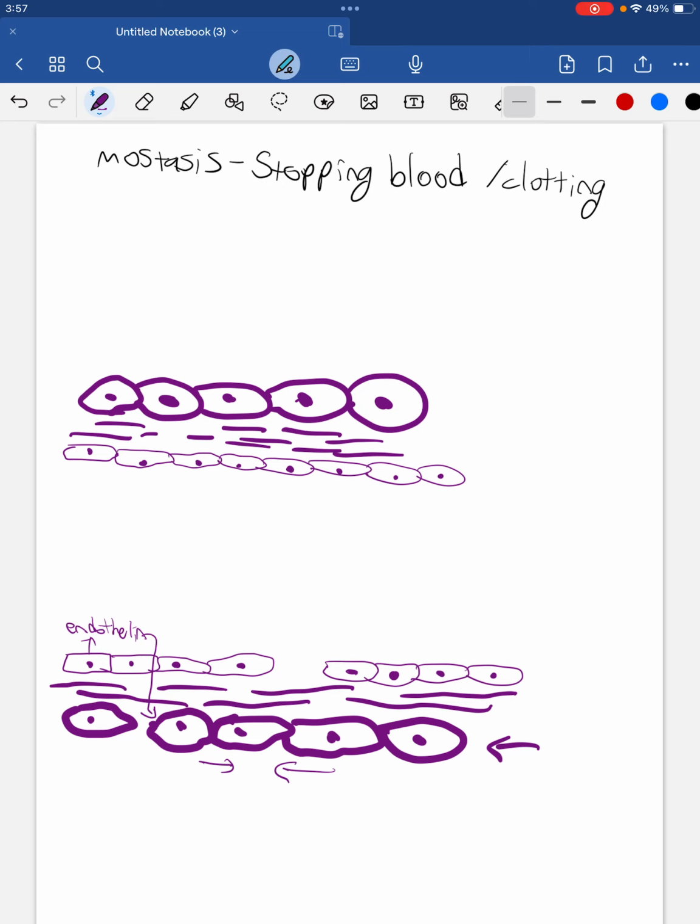cause contraction as well. Okay, we have these pain receptors, these nociceptors. Here's our nociceptor there, pain receptor. And these could become activated as well due to inflammatory chemicals that would come to a site of injury like this, known as prostaglandins, and basophils will come to the site too.